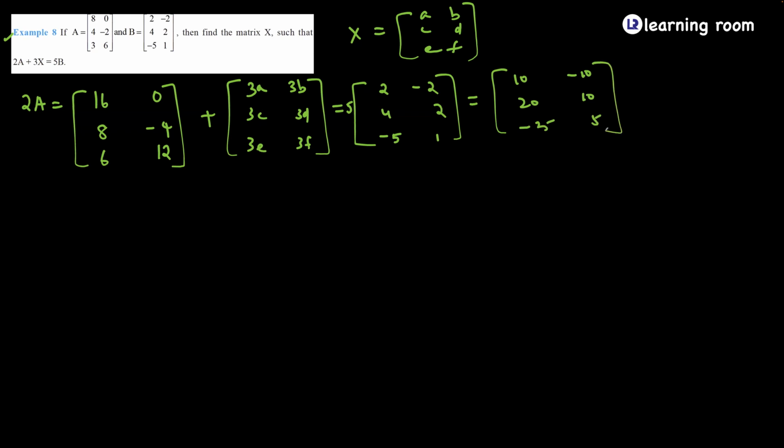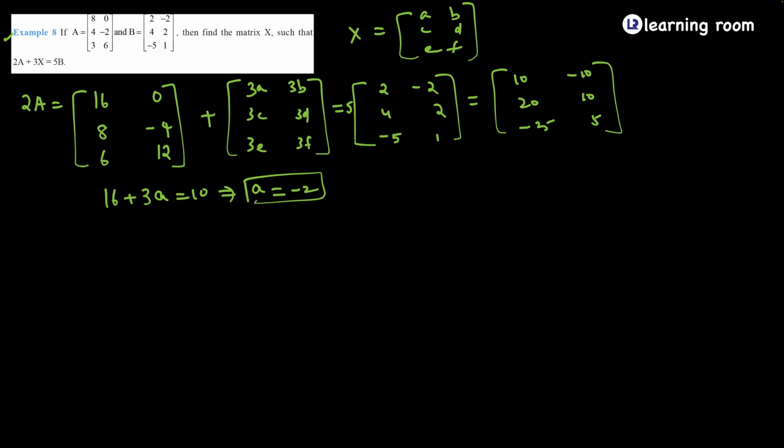So what should I do? Add this element and this element, that should be equal to 10. So 16 plus 3a is equal to 10, which implies 3a is equal to 10 minus 16, that is minus 6. So a will be minus 2.